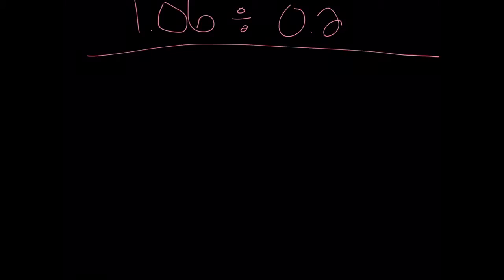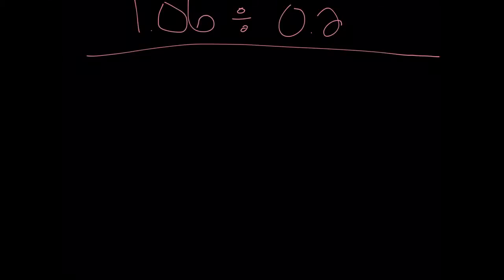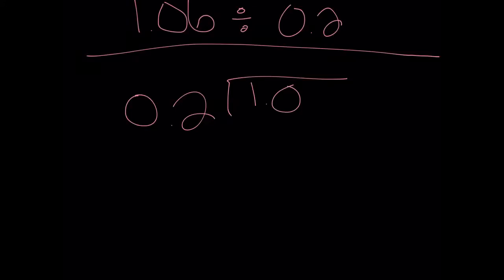Okay, so first we have to set up the problem for dividing decimals. And for dividing decimals, we do not have to line up the decimals. So we're going to put 0.2 divided by 1.06. And the 0 doesn't really count, so we're going to put that over there. And this over here is the decimal.